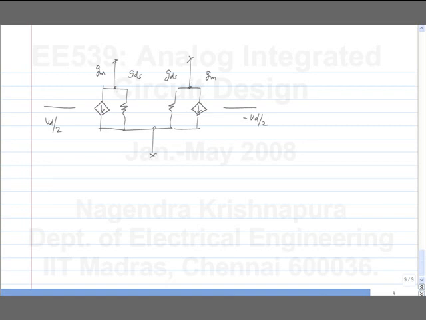And you are asked to calculate, let me call this D1 and D2, the two drains. You are asked to calculate the difference between the drain voltages. In the other case, the equivalent circuit looks like this. This is an open because it's a current source, and this side also it is open.